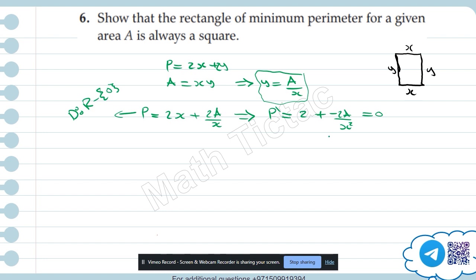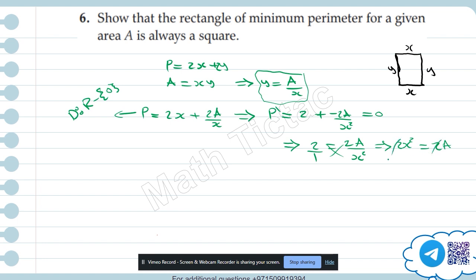So all we have to do is find the zeros. So 2 is equal to positive 2a over x square after moving this to this part. So now multiplying, this is going to be x square equal to a.